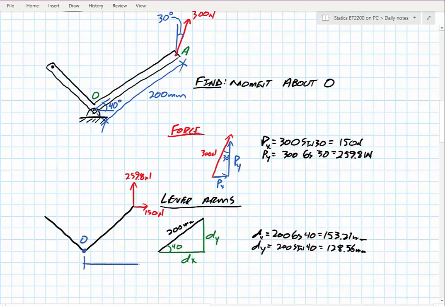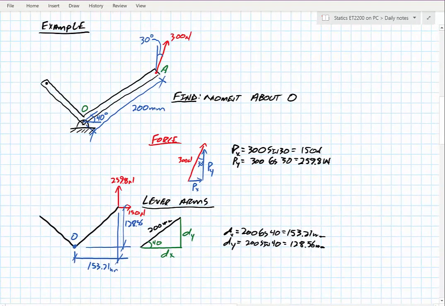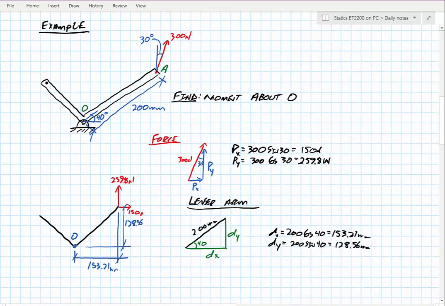So I have this horizontal distance over here that is 153.21 millimeters, and this vertical distance of 128.56. Let's go ahead and just move this over a little. All right, that's a little bit better anyways.